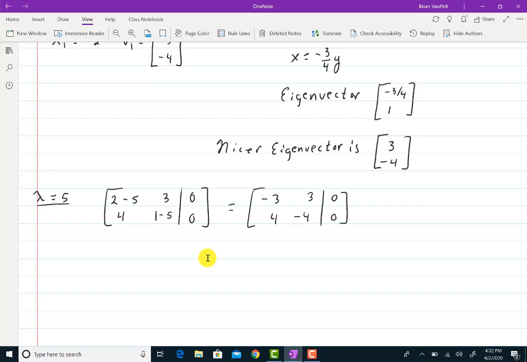And you can see here, I can do 1/3 R1, 1/4 R2, and then I can simply do R1 plus R2.